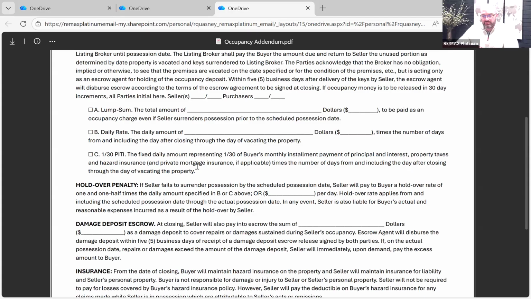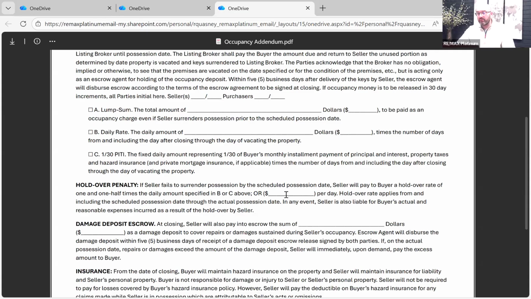If seller fails to surrender possession by the scheduled possession date, seller will pay to buyer a holdover rate of 1.5 times the daily amount specified in B or C above, or blank per day. So that means if you checked A and did any amount, $0, $2,000, whatever it is, then you don't get to rely on this boilerplate to protect your buyers.